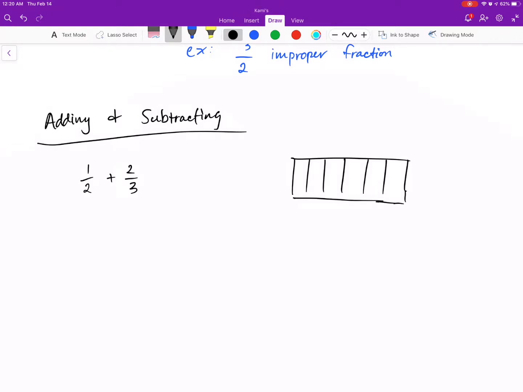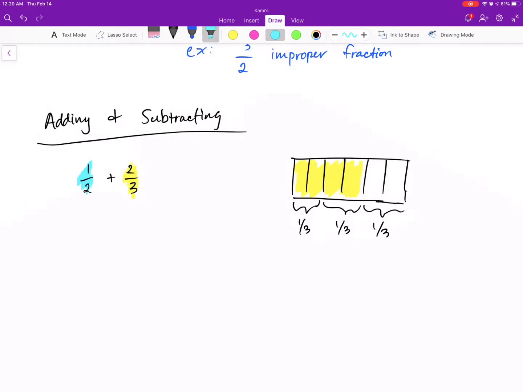If I had 2/3, so this is a third, and a third, right? So I had 2/3, so I'm gonna color it yellow. So I had this much candy bar.